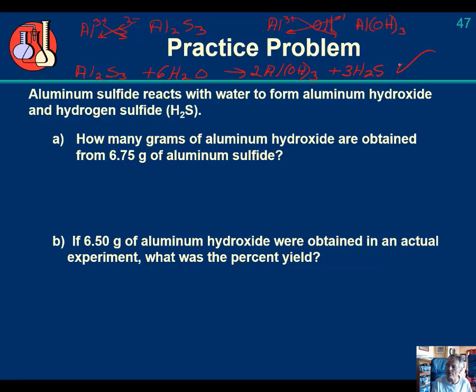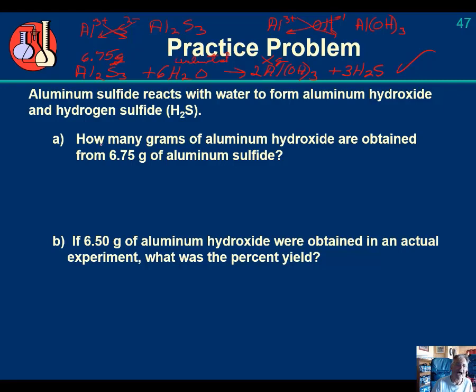We're in good shape. All right, so how many grams of aluminum hydroxide? So this is going to be how many grams of aluminum hydroxide are obtained from 6.75 grams of aluminum sulfide. So I have 6.75 grams of aluminum sulfide, and the assumption is that water is unlimited.